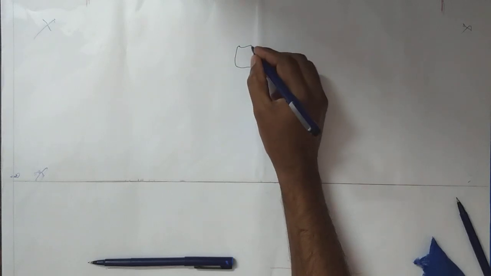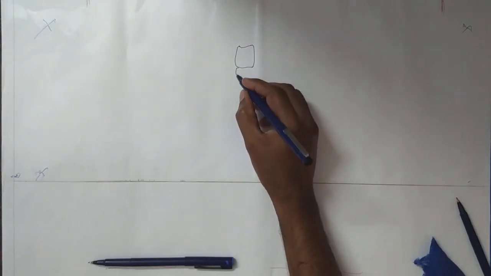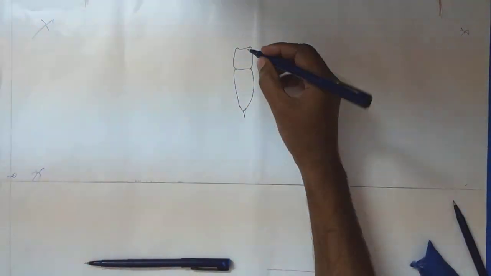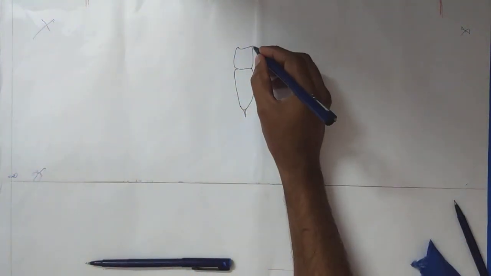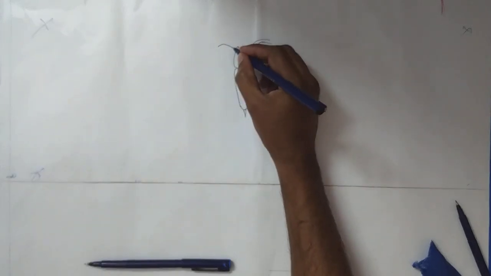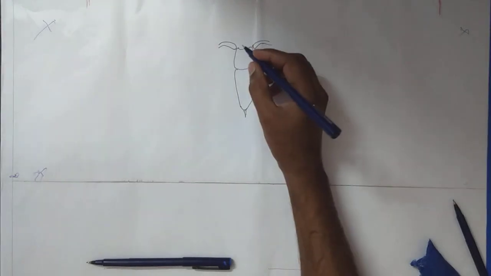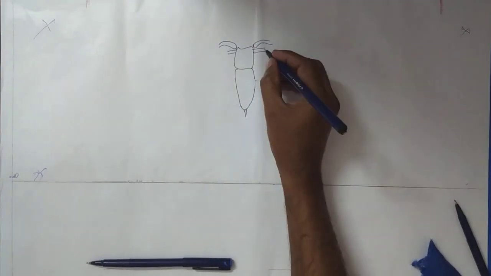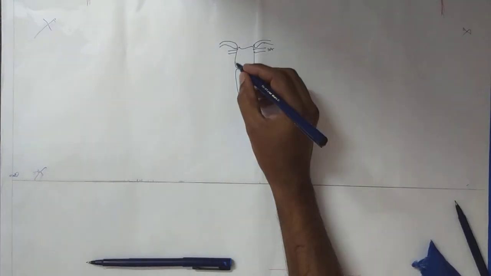This is our sternum. To that there is a joint, the sternoclavicular joint. At that point we have the first rib.